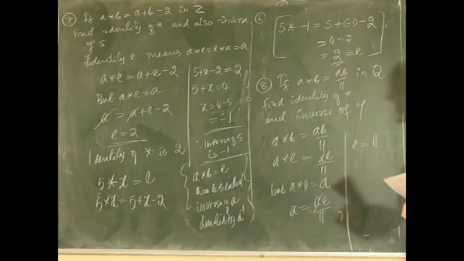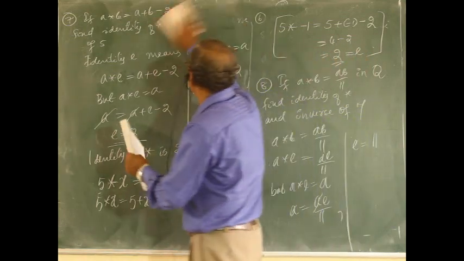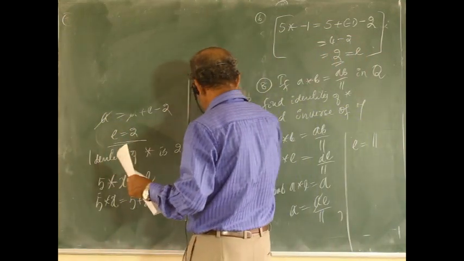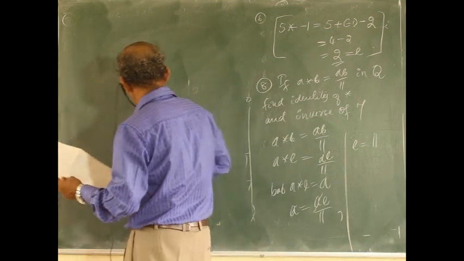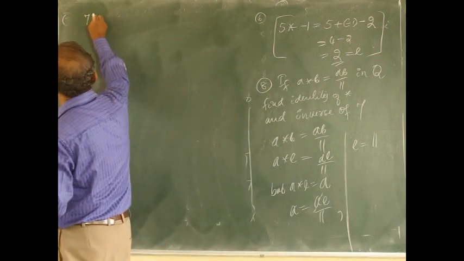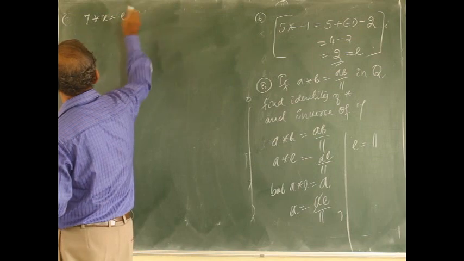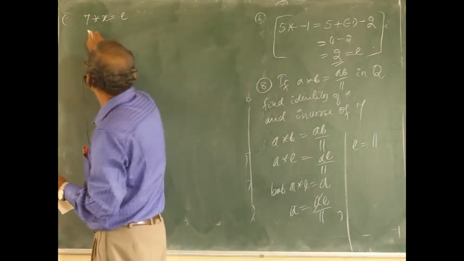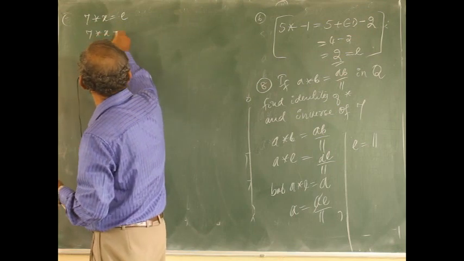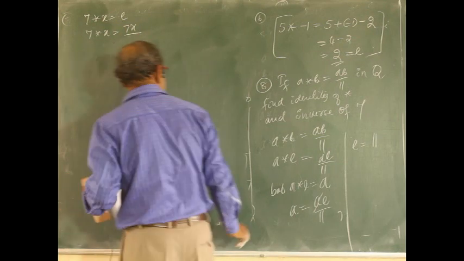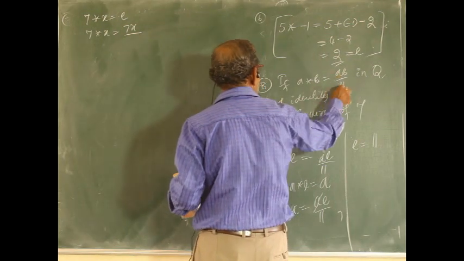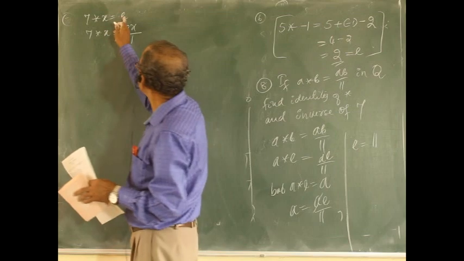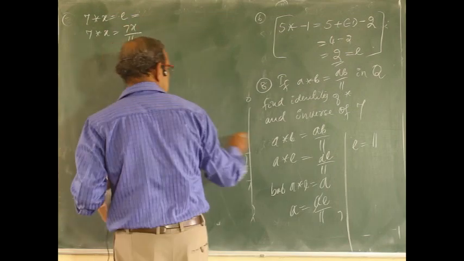Now inverse. Find the inverse of 7 question. 7 star X equal to identity. How to find inverse? 7 star X is identity, then X is called inverse of this. 7 star X means 7X by 11, since A star B equals AB by 11. But it should be identity. Identity is already we got, 11.